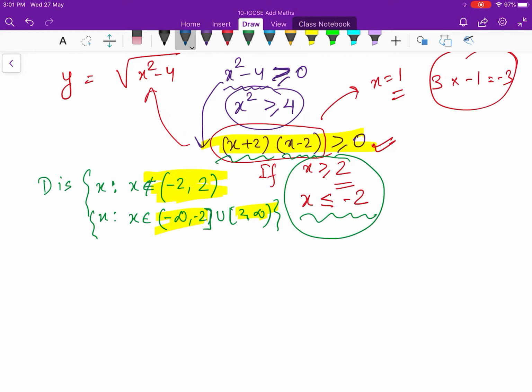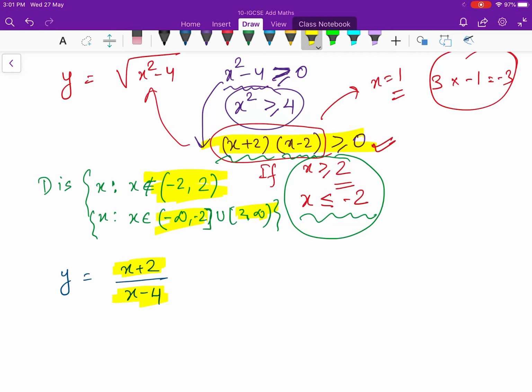Okay, next example, if y is equal to x plus 2 upon x minus 4. See, in these kinds of cases, when you have some function in the numerator and some in the denominator, don't worry about the numerator. The numerator could be anything. If there is some square root or something, then you have to consider it, otherwise there is no problem.